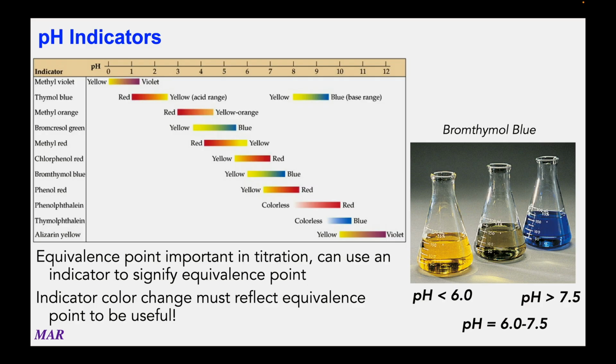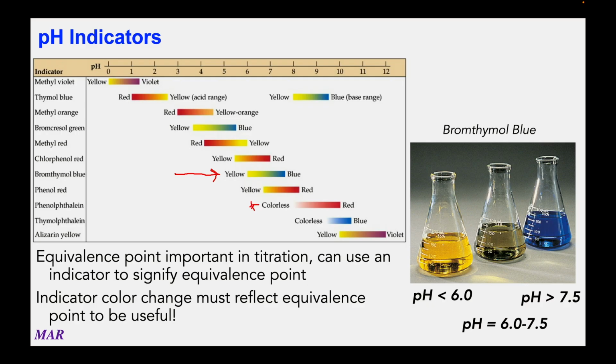And before the advent of electronics, they used a lot more indicators than they do now. Now this table on the left here shows different indicators that are possible, and there are thousands of indicators. Bromothymol blue is right there. You can see it's yellow kind of to the left there about 6, kind of green in the middle, roughly 6 to 7, and roughly 7.5 or so is where it turns blue.